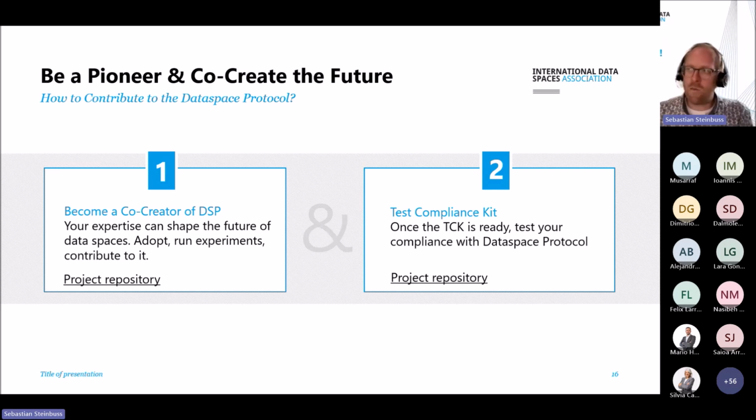And of course, we always need support in implementing projects. So build data planes, build Dataspace protocol connectors, but also support us in the development of the test of the technology compatibility kit. Always help as needed in those open source projects.